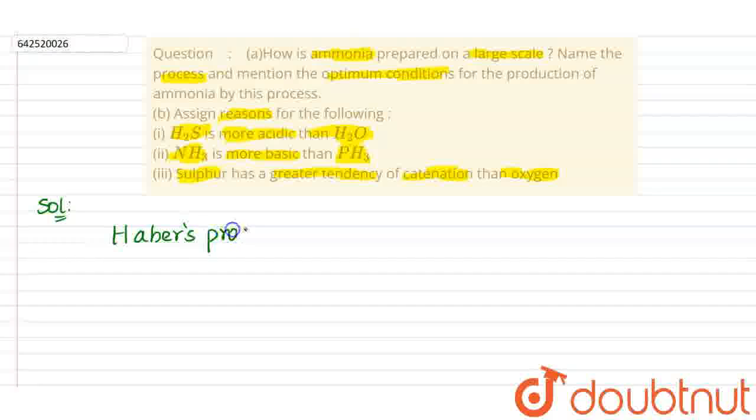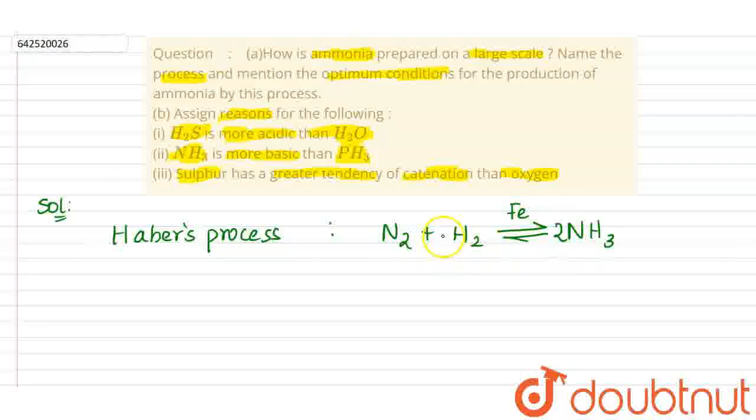Okay, Haber's process. In Haber's process, nitrogen is reacted with hydrogen in the presence of iron as a catalyst, with the formation of ammonia as a product. Here I balance the equation.